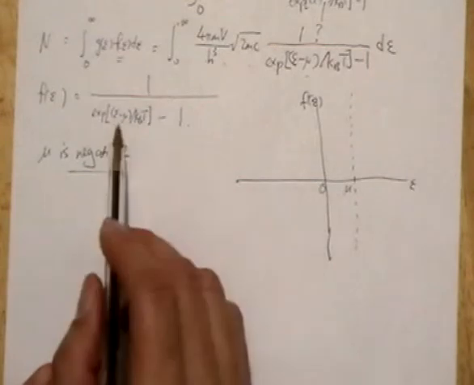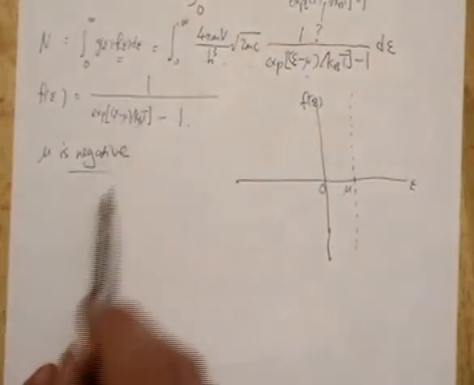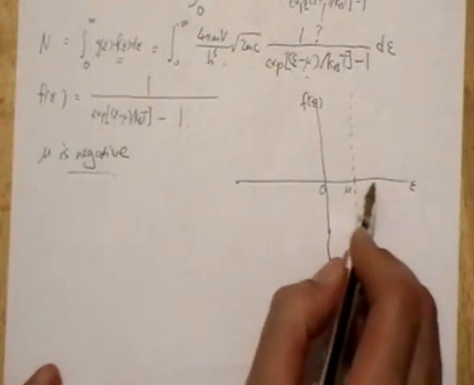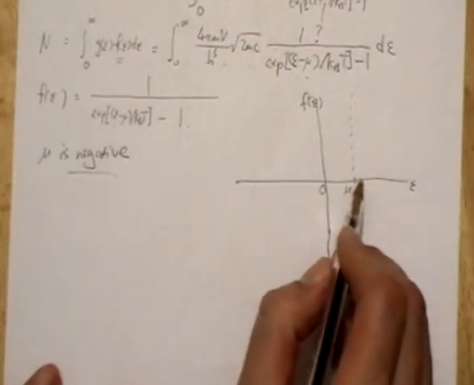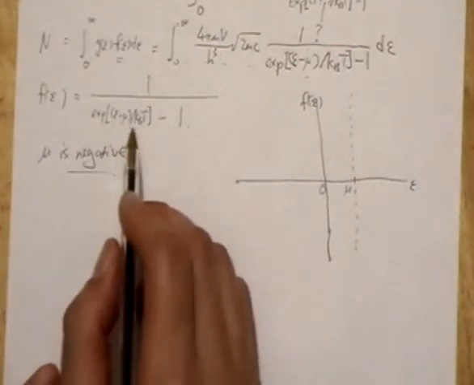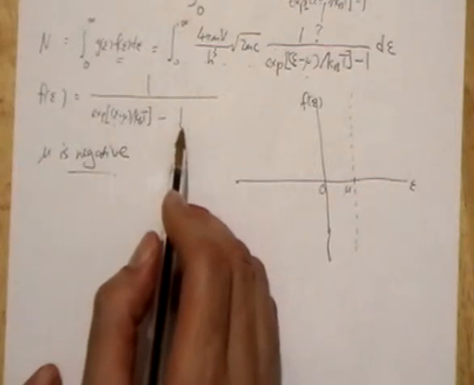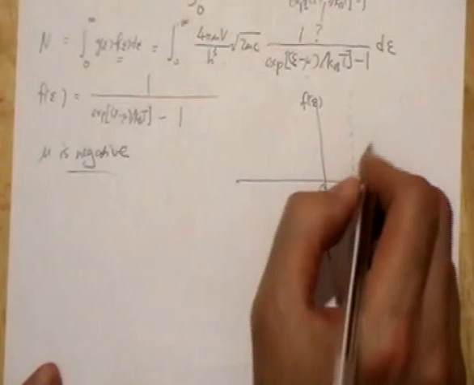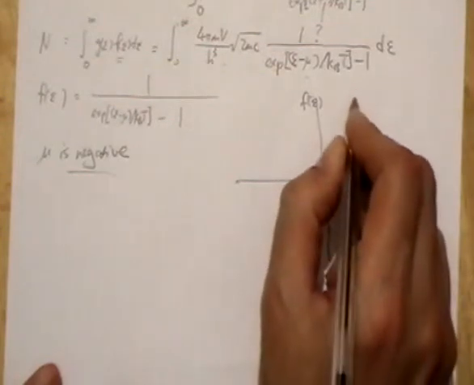So if you sketch a graph for that, let's think about what it would look like. We would expect that as E gets closer to mu, this answer will get bigger and bigger as the denominator gets closer to 1, and it will be positive. So we would expect that the curve goes higher and higher.